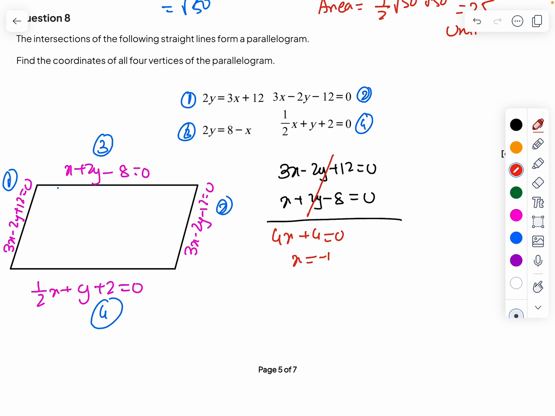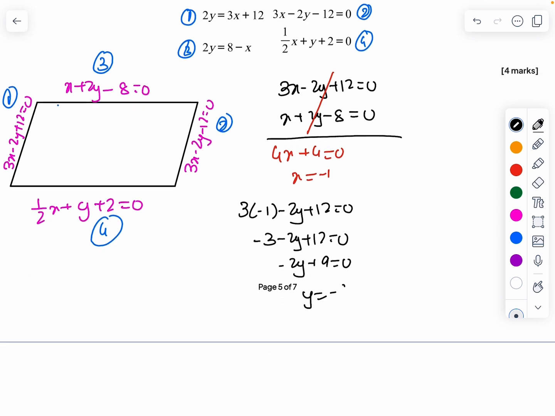Plug in x = -1 in any one of the equations. 3 times -1 - 2y + 12 = 0. -3 - 2y + 12 = 0. -2y + 9 = 0. y = 9/2. So the answer is (-1, 4 1/2). That is point A.